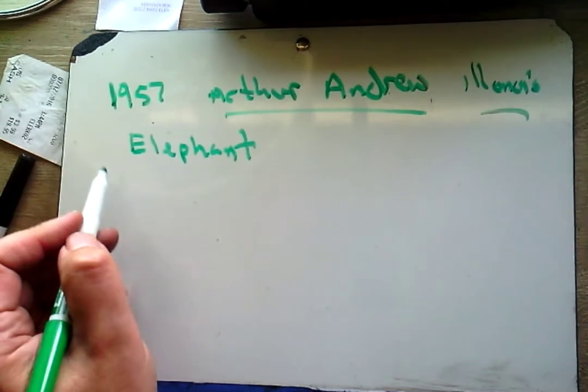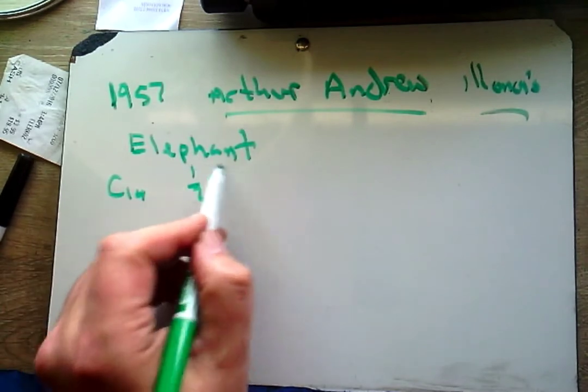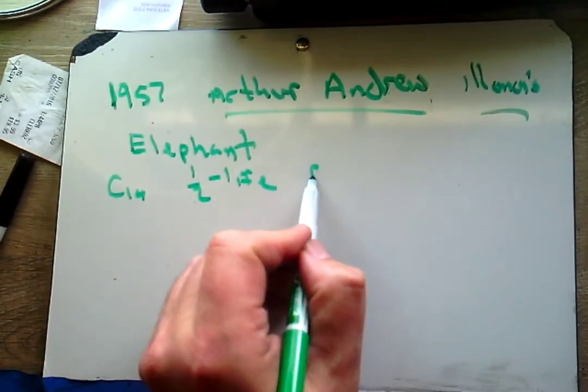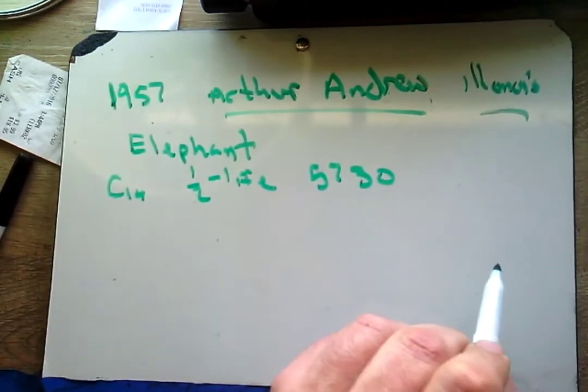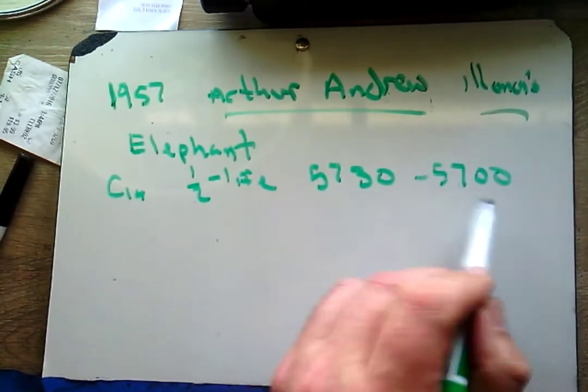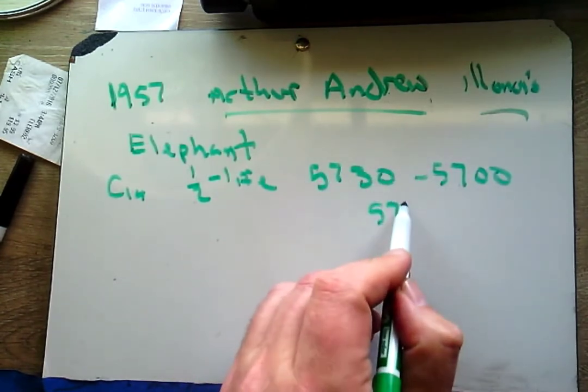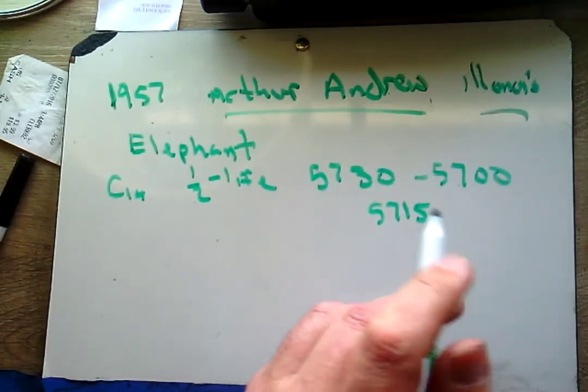They carbon dated it. And carbon-14 has a half-life of 5730 years. Actually, the number goes between 5700 and 5730. I believe our textbook is fond of 5715.